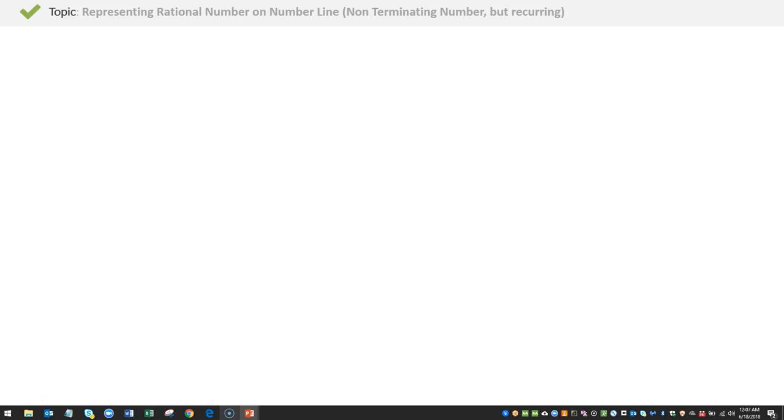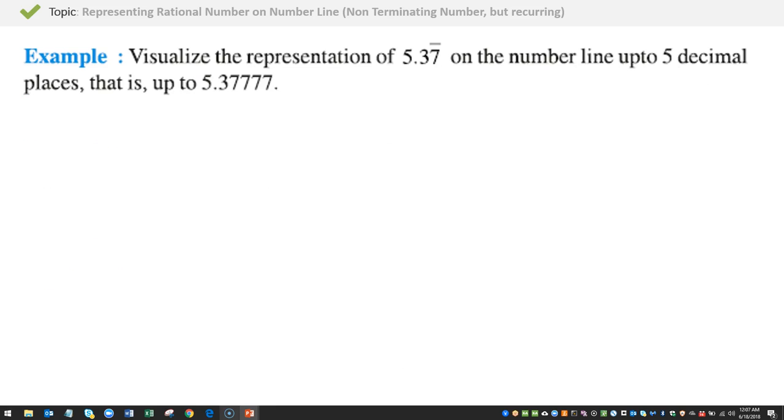Now let's represent a rational number on the number line which is non-terminating but recurring. Visualize the representation of 5.37777 up to 5 decimal places.